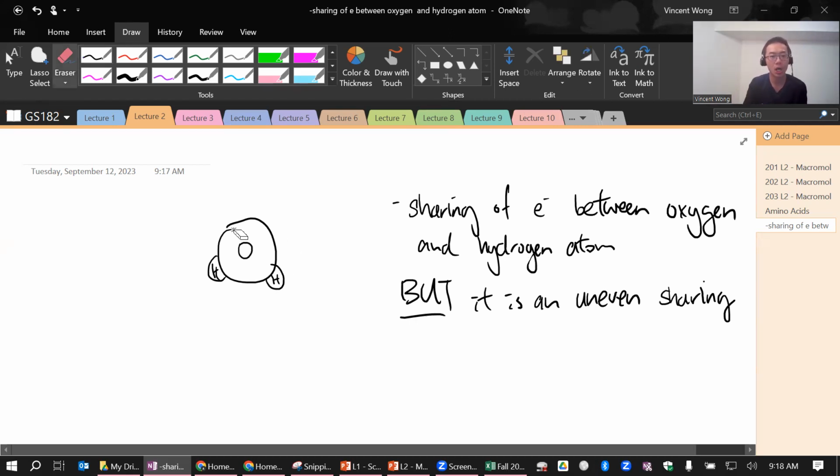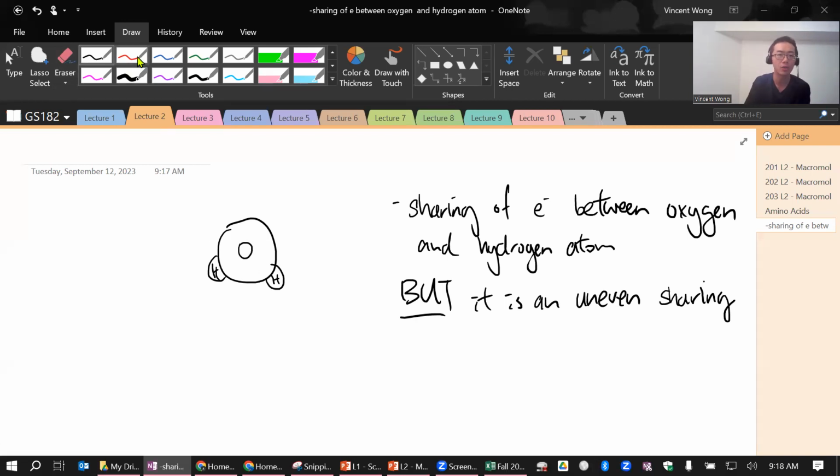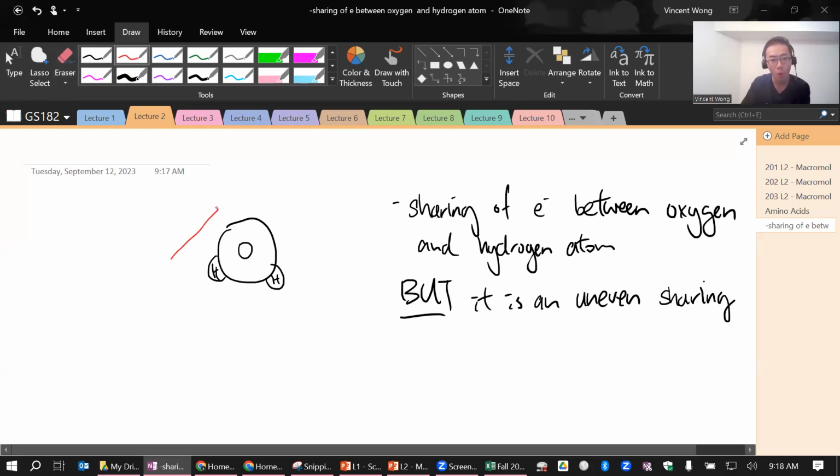So it turns out oxygen has more of an attraction for electrons than hydrogen, and so it will pull the electron towards itself, right? By pulling the electron towards itself, it makes this part slightly negative, okay? And it makes the hydrogen slightly positive, okay? Overall, it's still neutral, okay? But one part is more negative, one part is more positive.